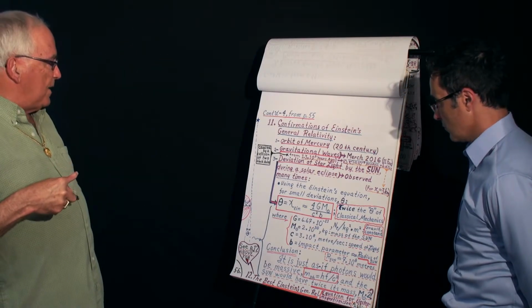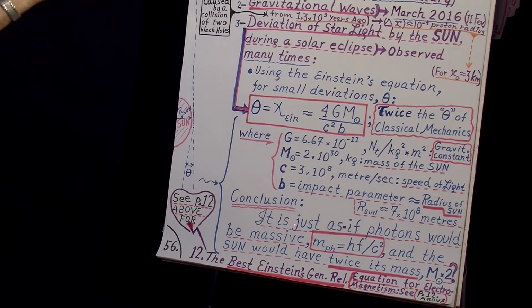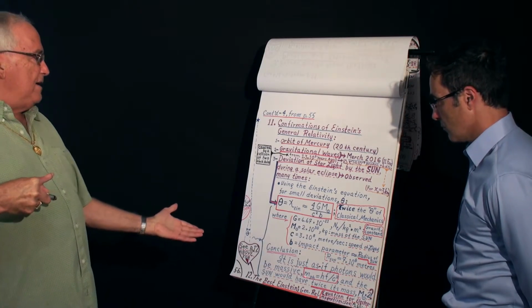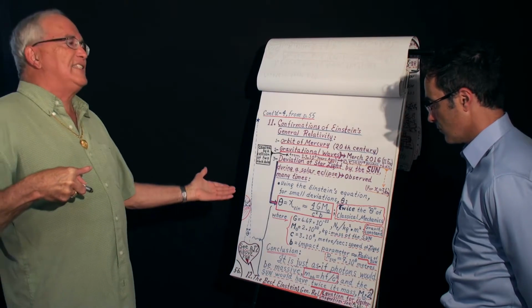So the conclusion there is that light is curved around the sun, according to Einstein's general theory, just as if the photon would be massive and the sun would have twice its mass. Okay?